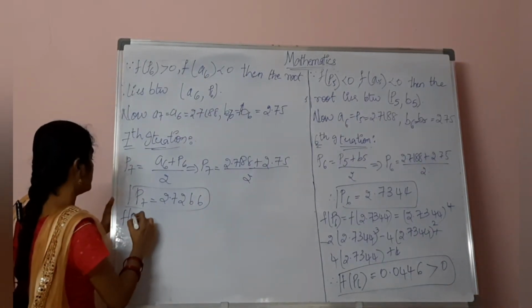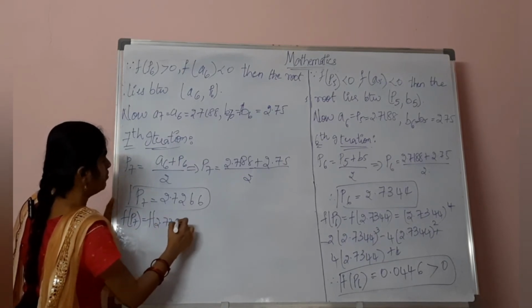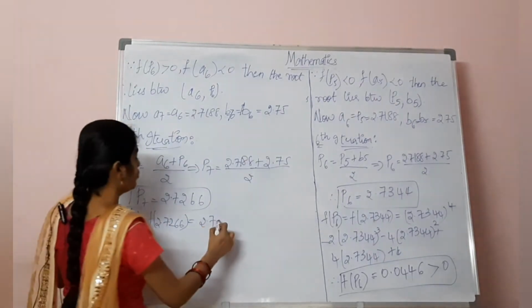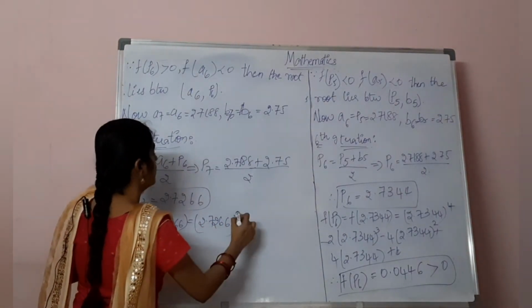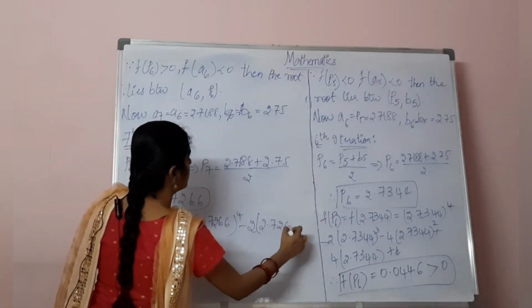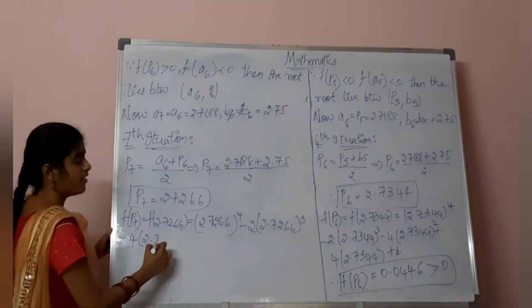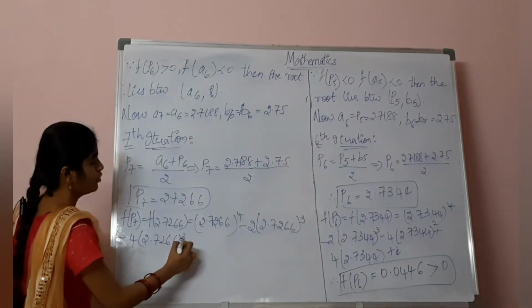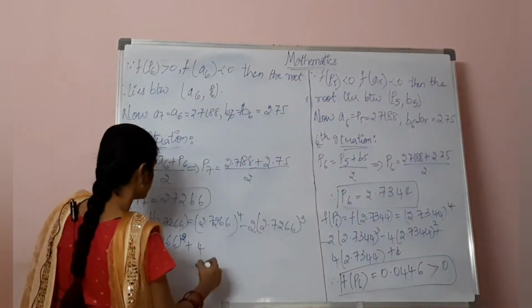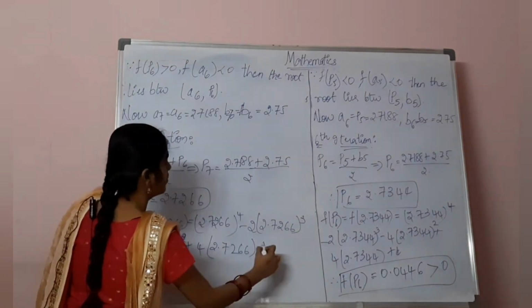Now we have to substitute this. f of P7 equals f of 2.7266, which is 2.7266 power 4 minus 2 into 2.7266 cube minus 4 into 2.7266 square plus 4 into 2.7266 plus 4.